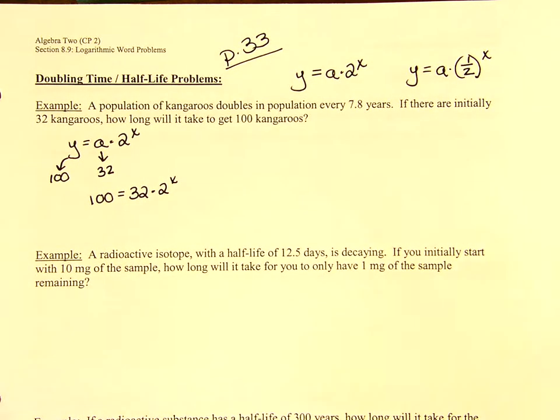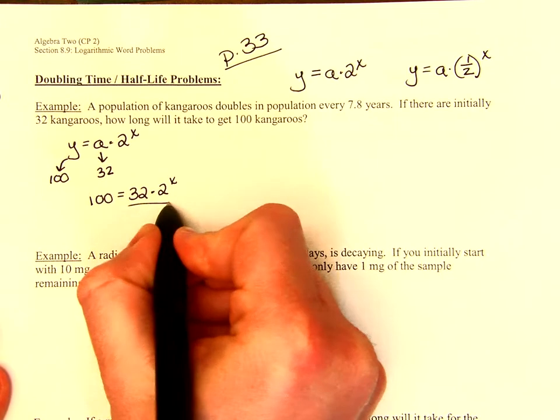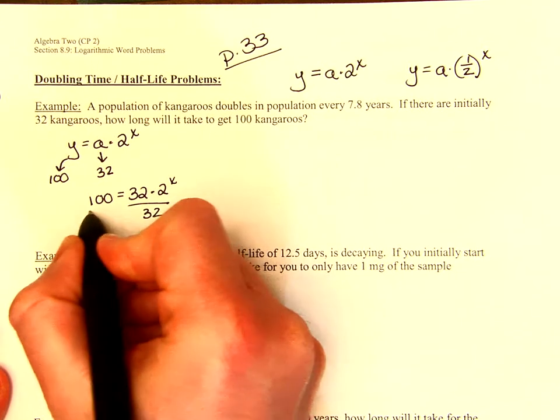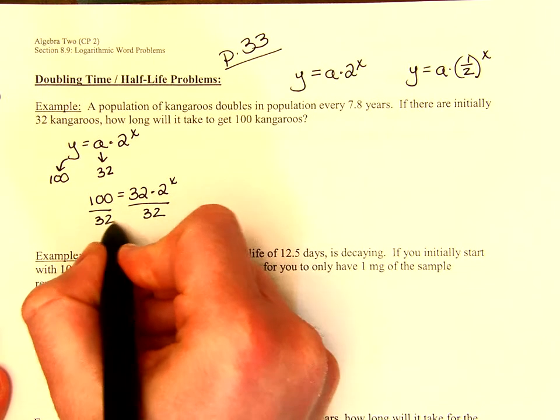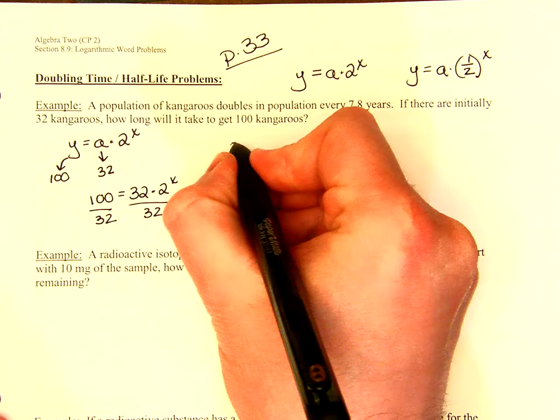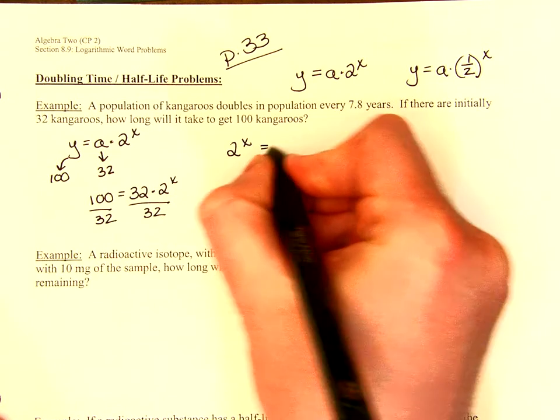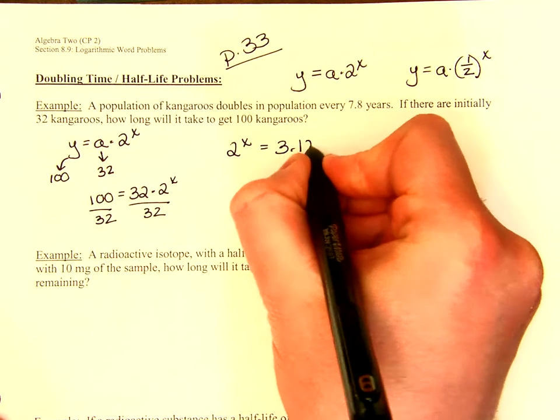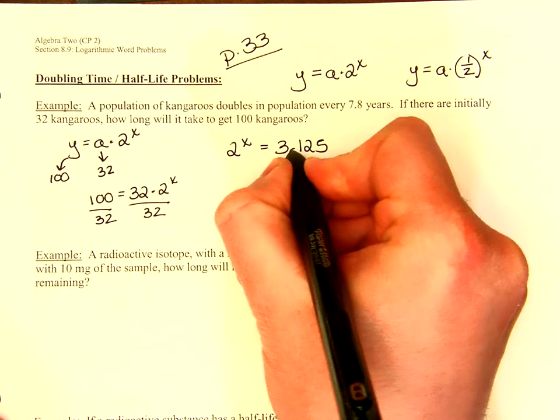To solve this equation, I'm going to divide both sides by 32 to get the exponential piece by itself. I think 100 divided by 32 does divide fairly nicely. So I'm going to write 2 raised to the x equals 3.125.